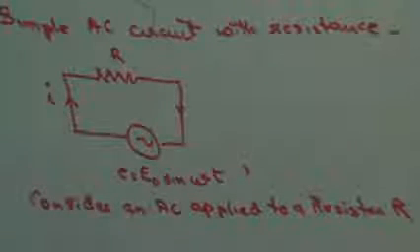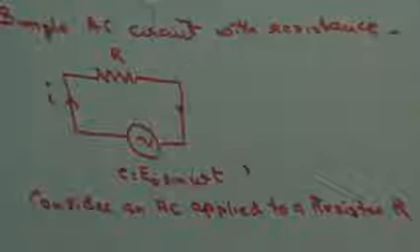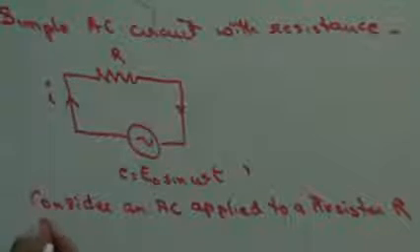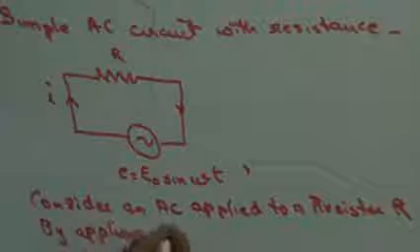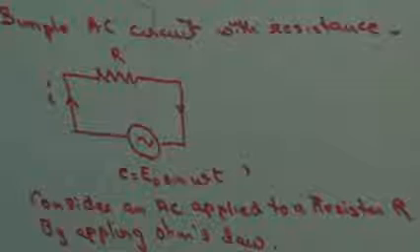By applying Ohm's law, the current at any instant is going to be nothing but E upon R. But what is E? E0 sine omega t. So the current is E0 sine omega t upon R.